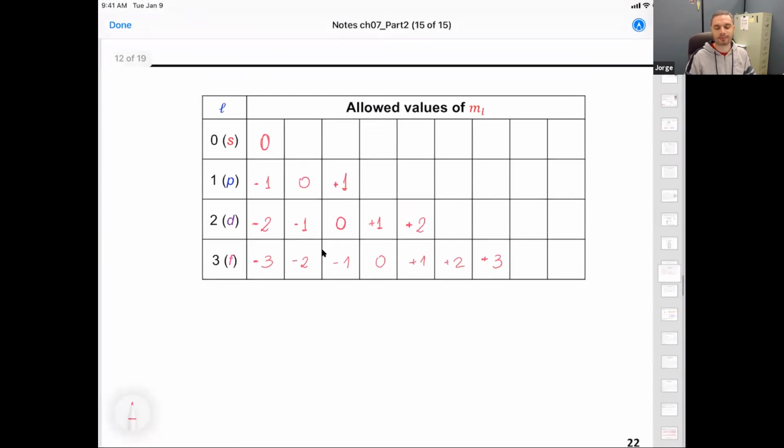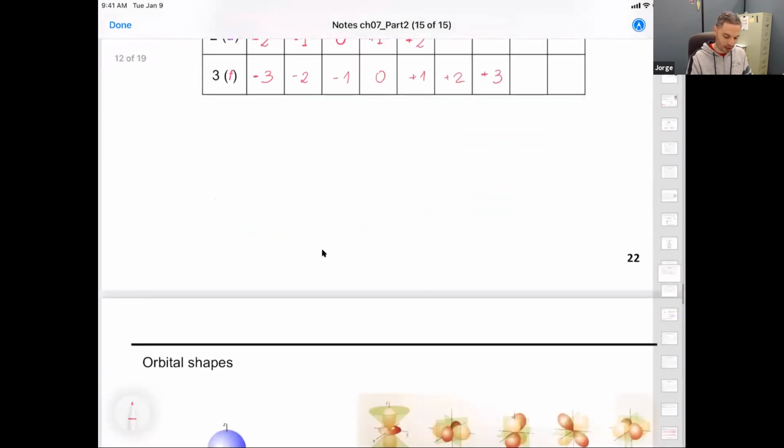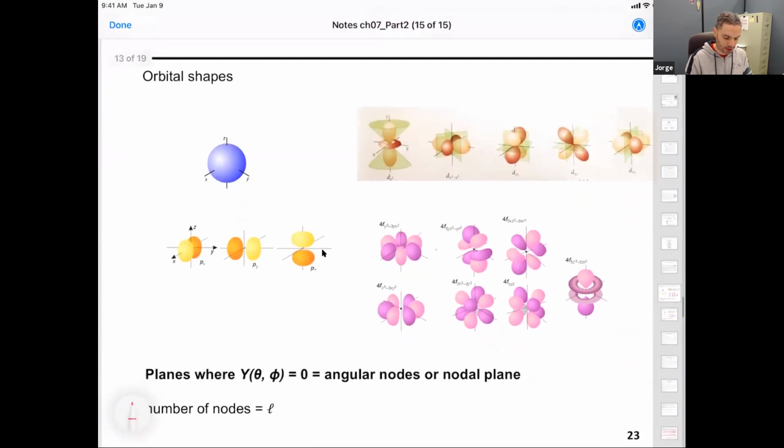All right. For each orbital, we have different orientations that will yield different shapes. And those are the orbital shapes that we will find. For the s orbital, there is only one orientation possible. Okay, and here is the s orbital, which is a sphere.